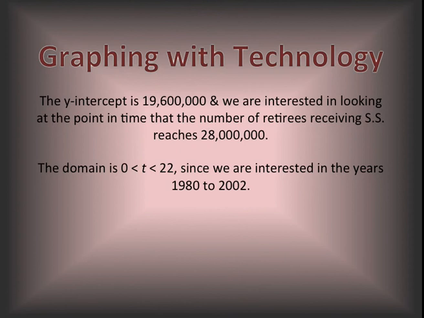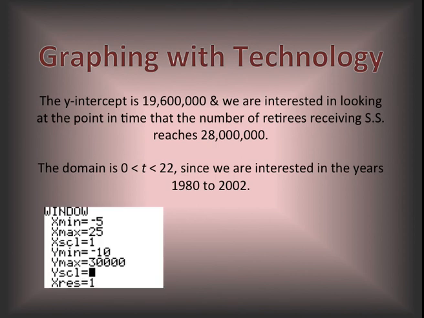Once again, we would look back to the problem, and what we're really going to be looking for is a y value of 28 million, which is, in terms of thousands, 28,000. The domain we just discussed goes between 0 and 22.